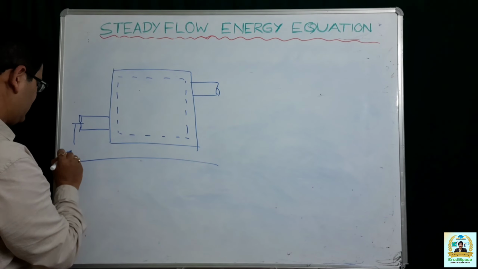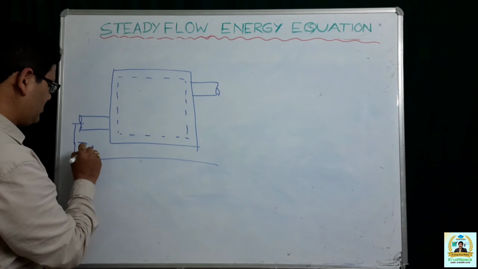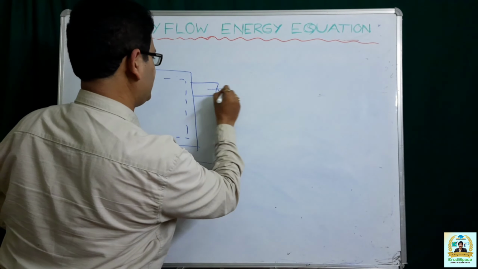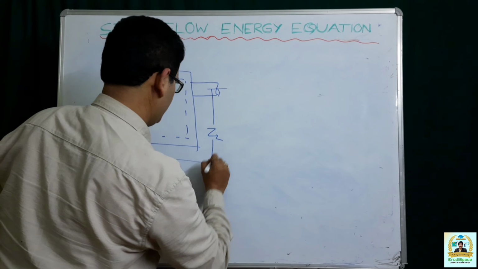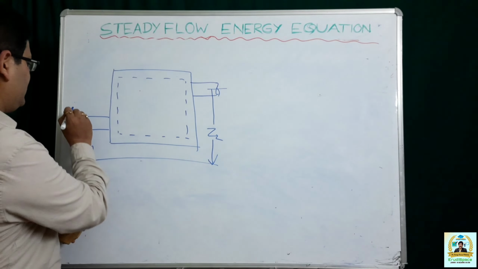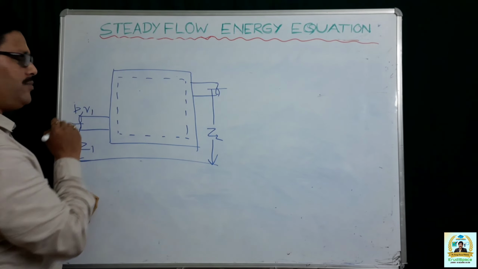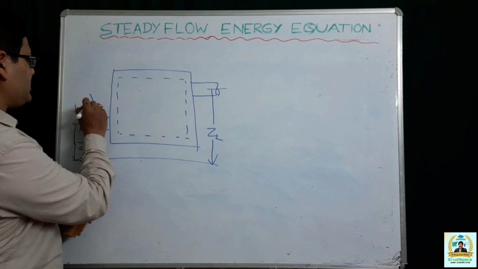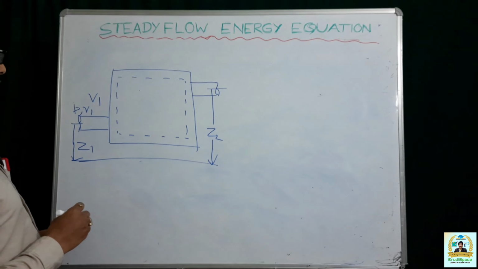This is Z1 from the datum, and this is Z2 from the datum. The pressure and the specific volume are P1, v1. The velocity with which the fluid is entering is capital V1.